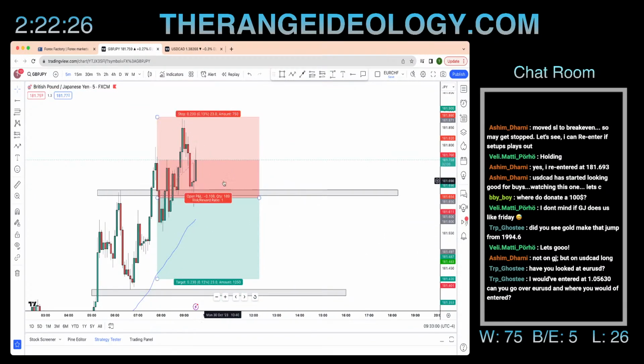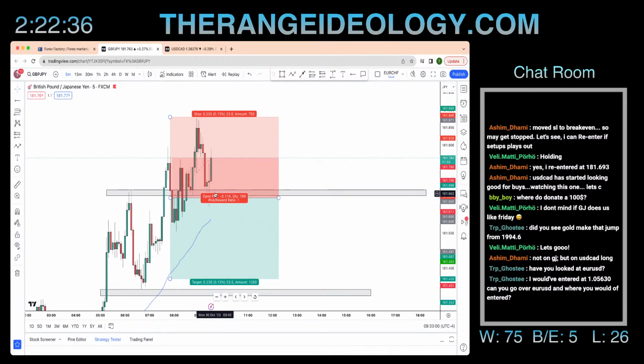Let's wait for the 5-minute close. Let's see how the 5-minute closes here. I may just consider wrapping even on this setup.